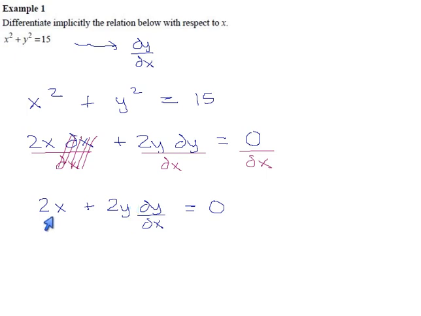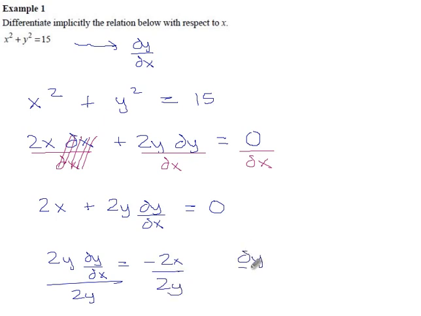How do we do that? We can take this 2x to the other side. 2y dy dx equals minus 2x. And then we divide both sides by 2y. And we get dy dx equals minus 2x over 2y. Divide the top and bottom by 2.